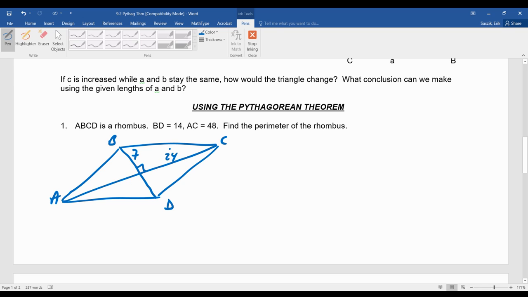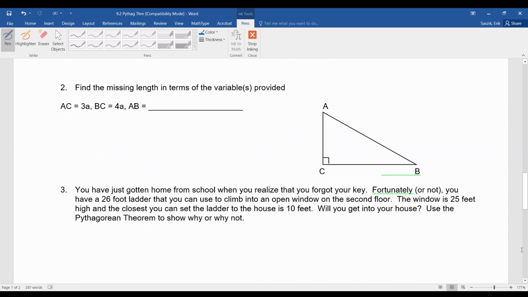Find the perimeter. We have a right triangle here, right? 7 squared plus 24 squared equals x squared. If you take out your calculator, you will find that x equals 25. So your perimeter equals 100. The main thing I wanted to show you was the proof. This answer is going to be 5A.